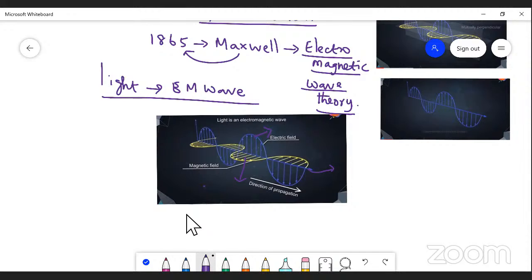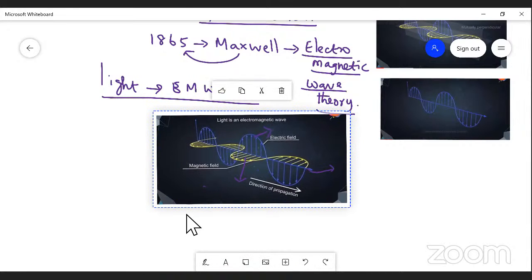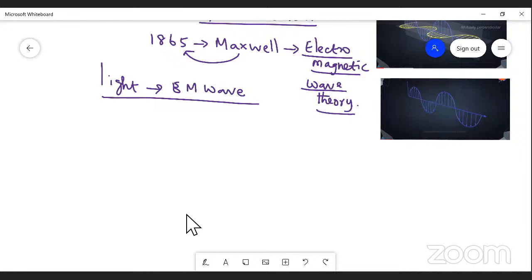And also the vibrations of electric field and the magnetic field in the light wave are confined to two different planes. Please see the diagram.